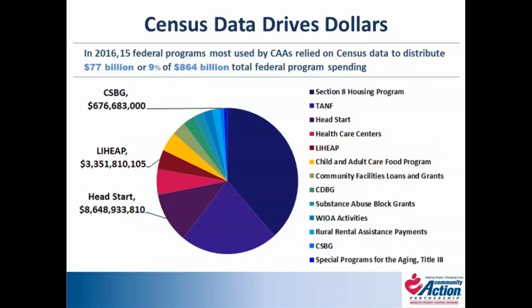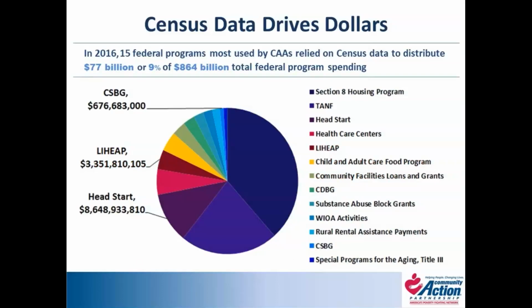These are some of the programs that are funded through census dollars or census counts. I mentioned some of these before: CSBG, which all of us use, LIHEAP and Head Start, which most of us implement, TANF, substance abuse block grants, rural rental assistance programs.